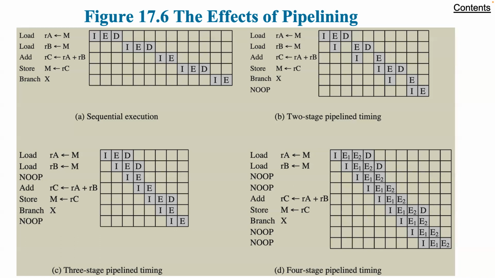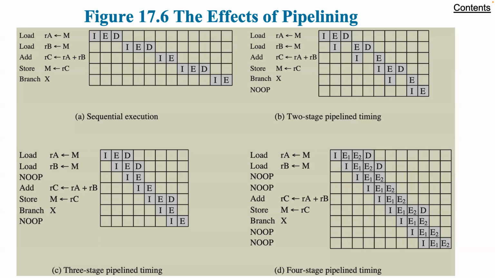Even very simple pipelining can substantially improve performance. Figure 17.6b shows a 2-stage pipelining scheme, in which the I and E stages of 2 different instructions are performed simultaneously. The 2 stages of the pipeline are an instruction fetch stage and an execute/memory stage that executes the instruction, including register to memory and memory to register operations.